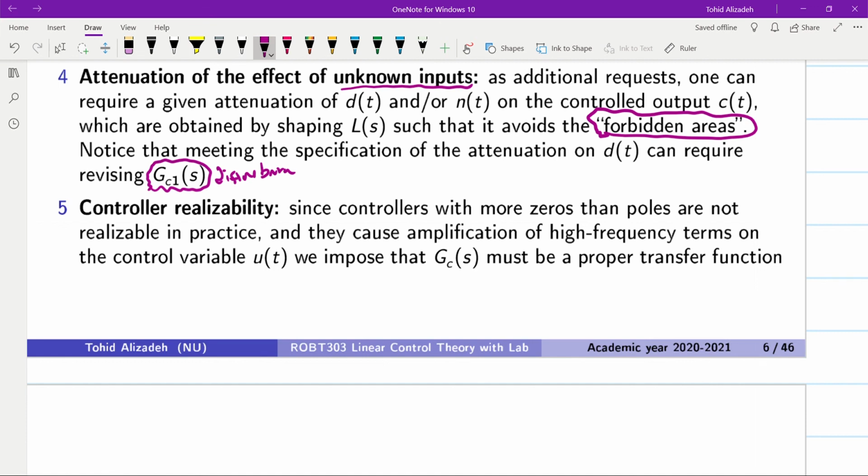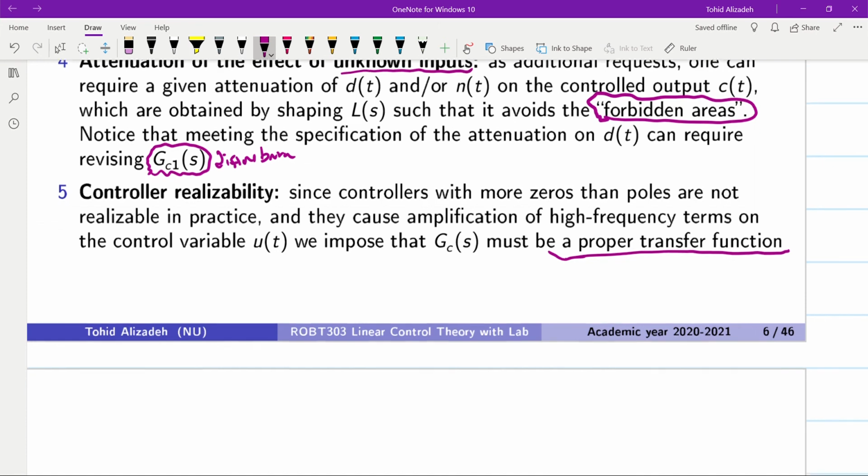So we will focus mostly on the realizable controllers, which will be the proportional, PI, PD, practical PID, and the lead lag compensators for now. So in general, you should keep in mind that if you want to have the controller realizable, it should be a proper or strictly proper transfer function.